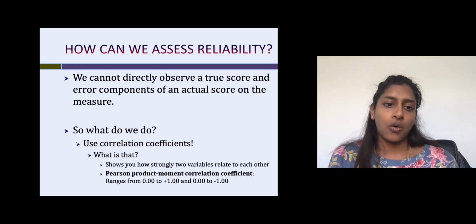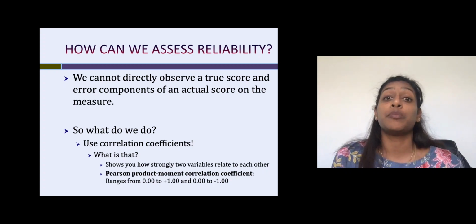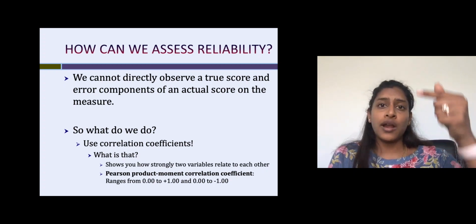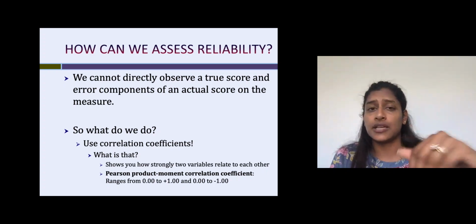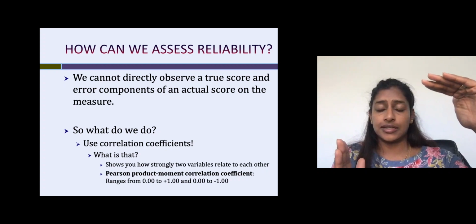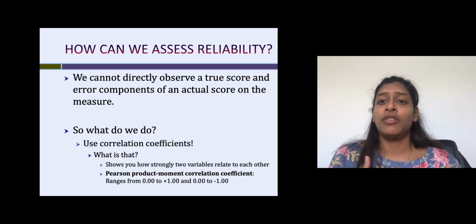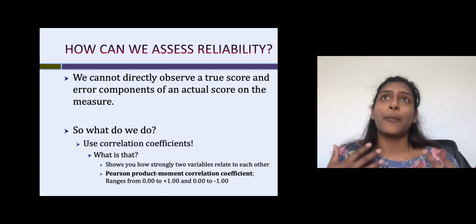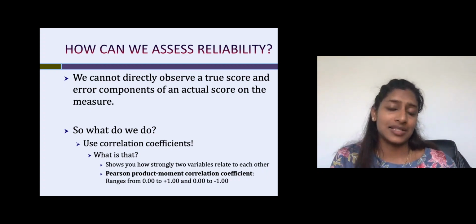The strongest correlation is something that's either +1 or -1. That means it's a perfect correlation. So as one item increases, the other also equally increases, or vice versa. As one item decreases, the other item also equally decreases. It's important to note that finding a perfect correlation in research is pretty much near impossible.